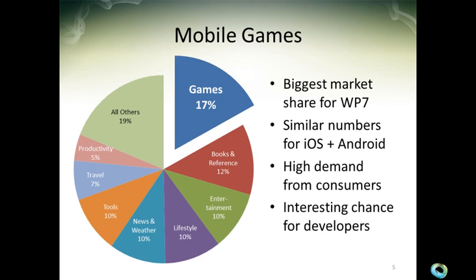The share of games was even higher a few months back. I think it was up to 23 or 24% a few months ago. But 17% or 16% is what we see across all mobile platforms. And this always is the biggest market share of all categories. So apparently there's a really high demand for games from users.